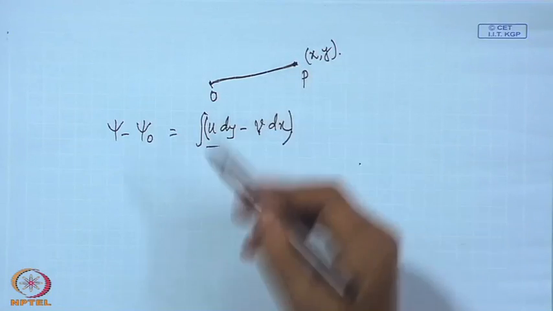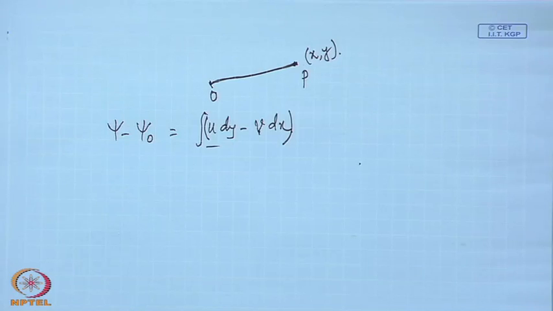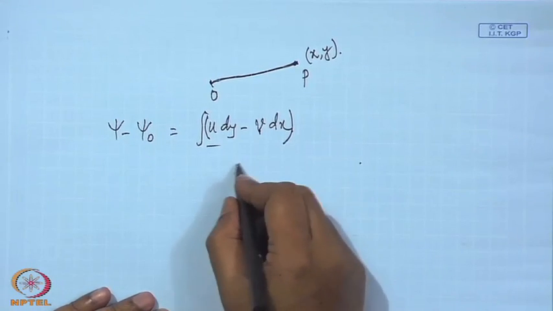There is a sign convention usually associated with this volume flux. If the flux is counterclockwise with respect to point p, then it is taken as positive.